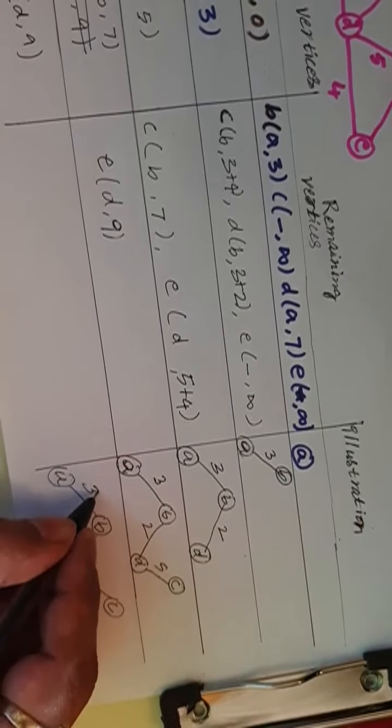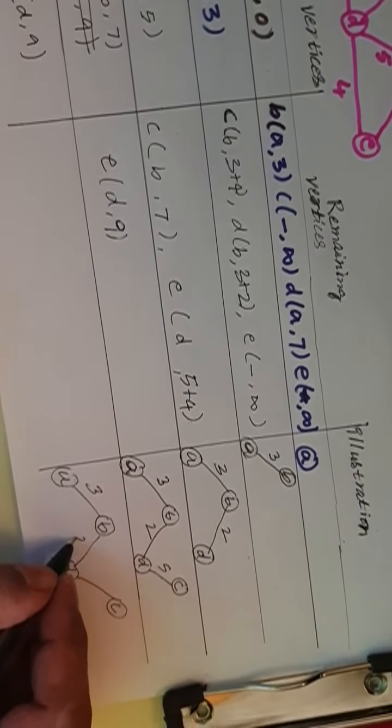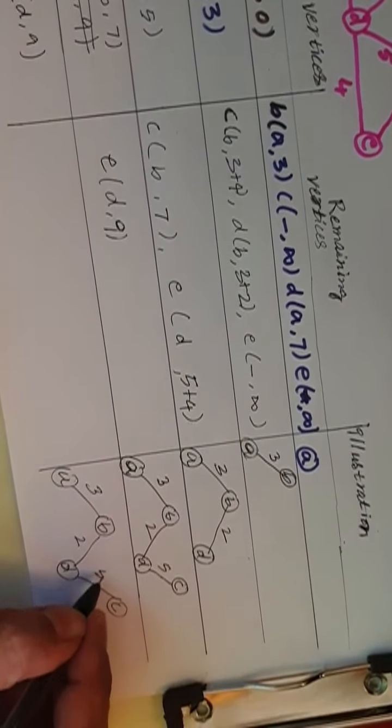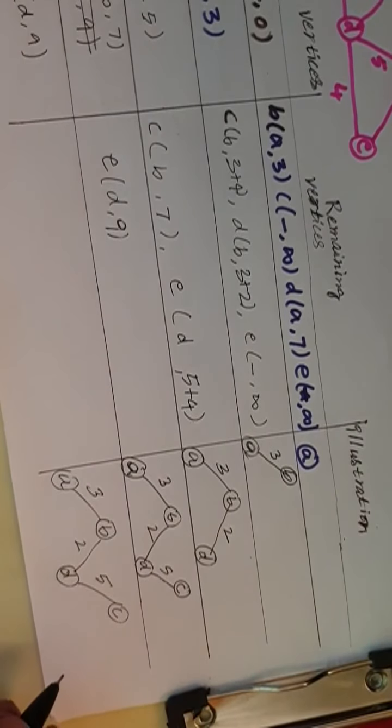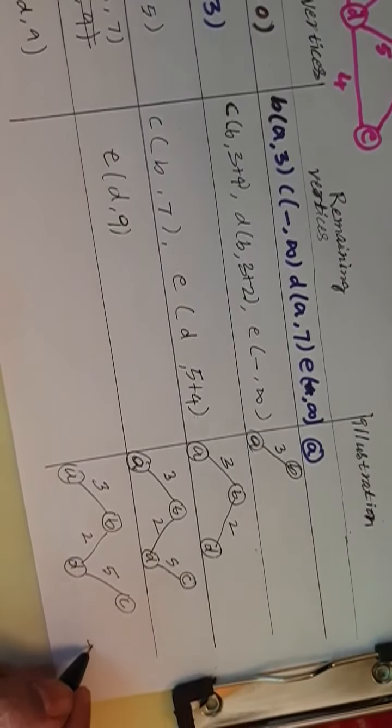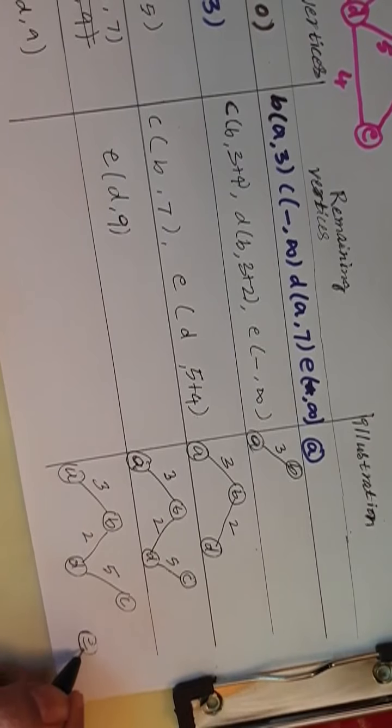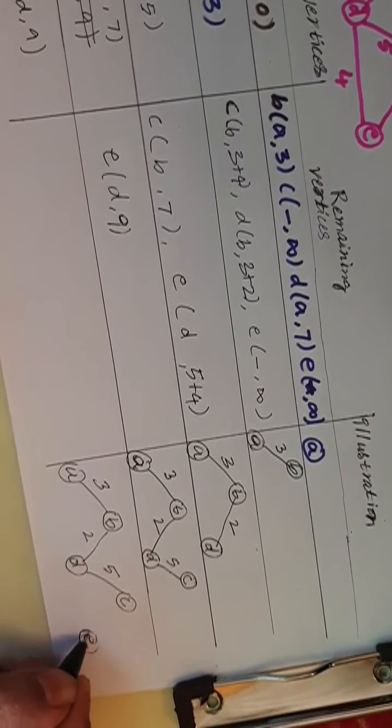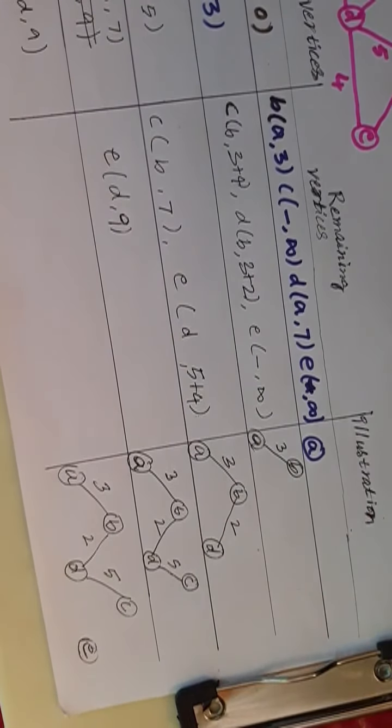Costs are 3, and this is 2, and this is 5, and E is inserted now, and E is through D.